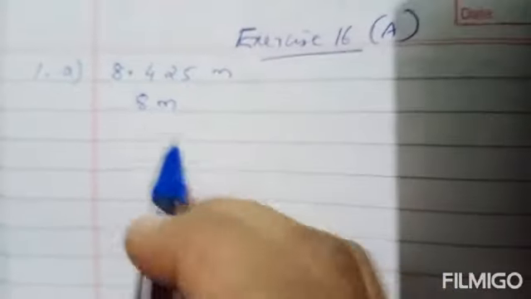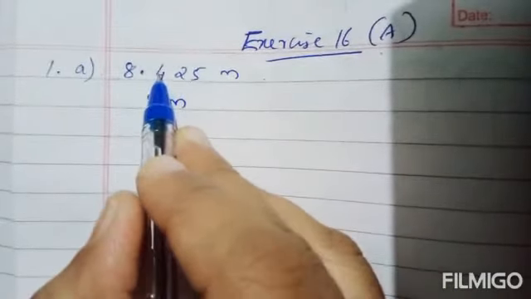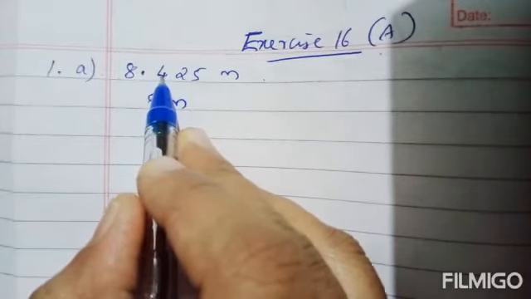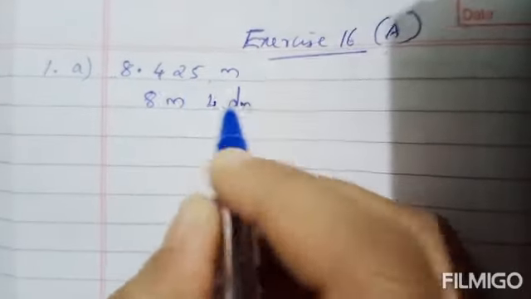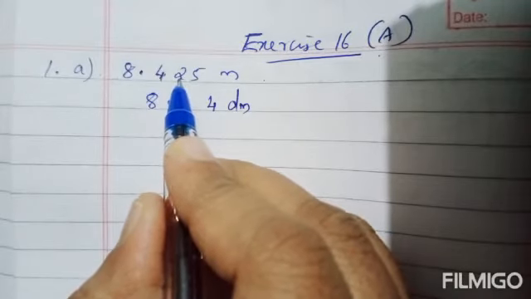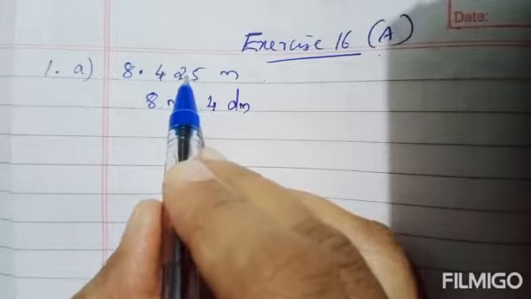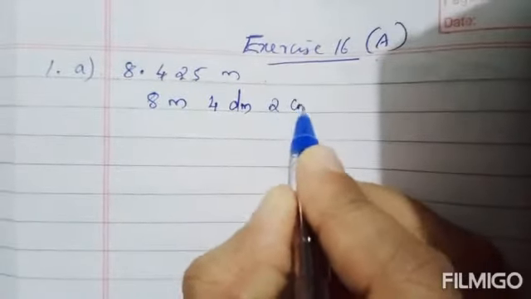After the decimal point, the first digit is decimeter, so 4 decimeter. Next, this is the tenth place, this is the hundredth, this is the thousandth. The hundredth place is centimeter, so 2 centimeter.